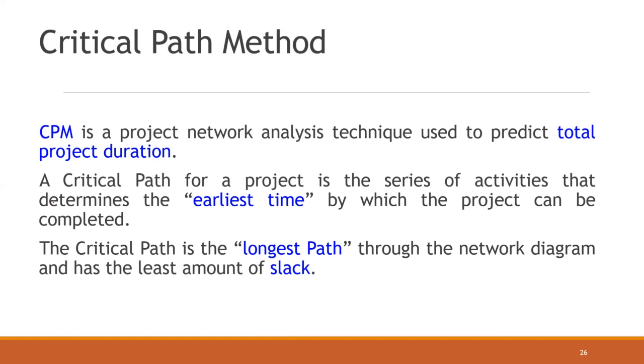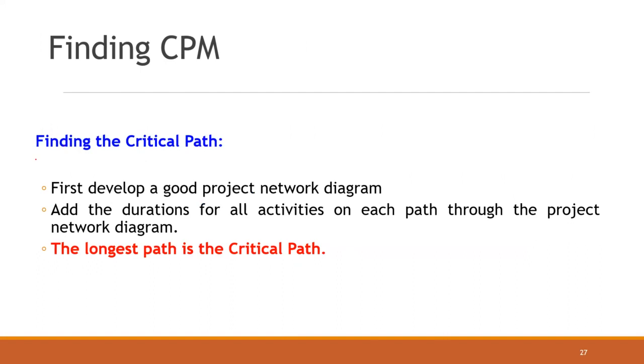So how do we find a critical path? In simple terms, from the data you first create a table, from the table create an activity diagram or project network diagram, and then all the durations need to be represented in each path through the project network.